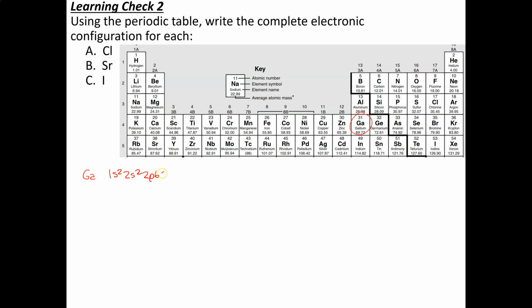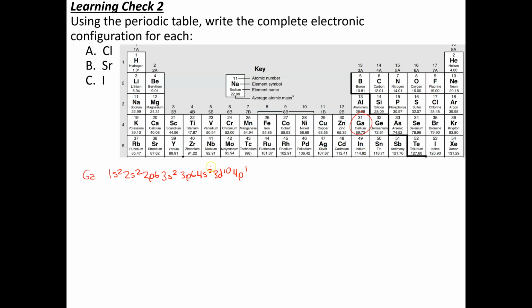So it comes after 2p6, 3s2, and 3p6, 4s2, and then it gets weird, right? Because your D is one less than your period number, so it should be 3d10, and then ultimately stop at 4p1. And once again, if you count your total number of electrons, you get the total of 30.